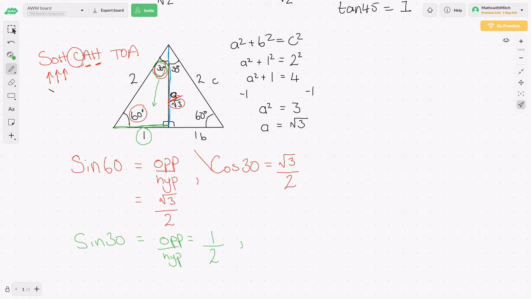Now if we were to look at this same length here, but view it from this angle, we're now looking at it and it's the adjacent length to the angle. So we're now going to be back using cos. The angle is 60 and it's adjacent, which is 1 over the hypotenuse, which is a half.